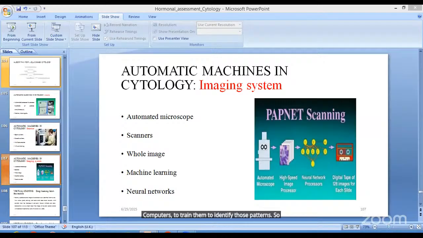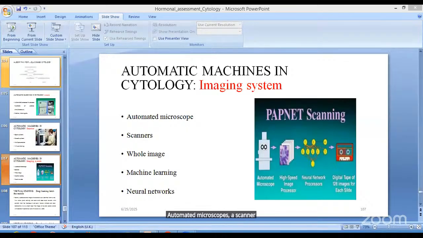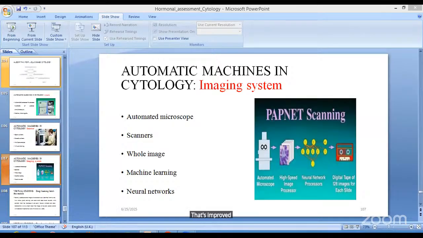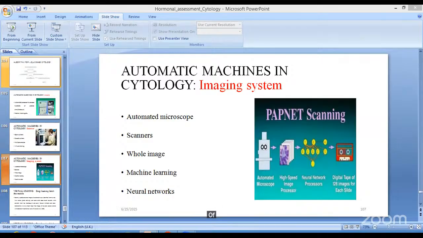So many pieces of equipment come into play here: automated microscopes, scanners, whole slide imaging systems, machine learning and neural networks that improve the intelligence of the technology or computer systems to be able to identify patterns of all those cases we have been reviewing since we started on hormonal cytology.